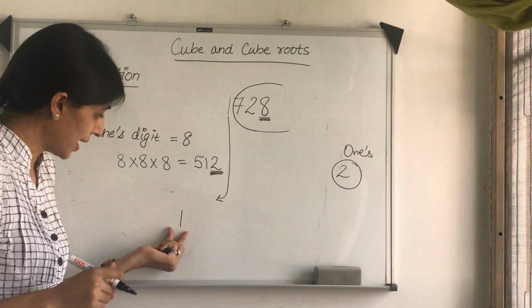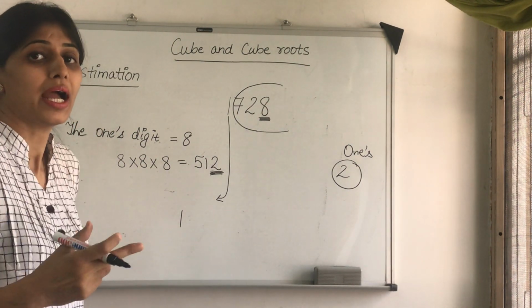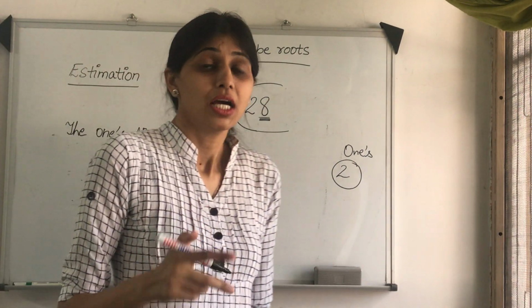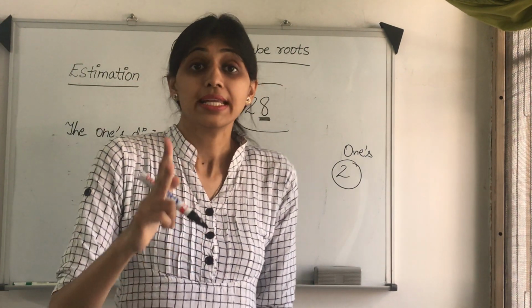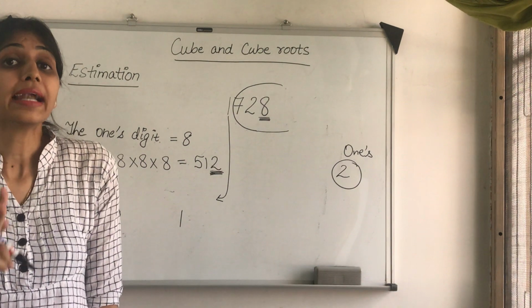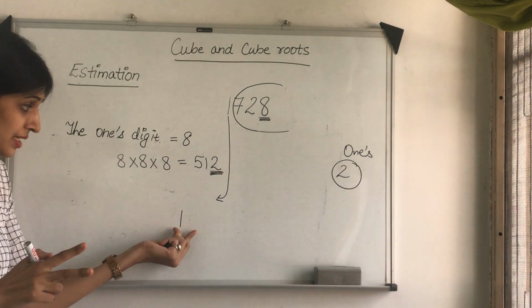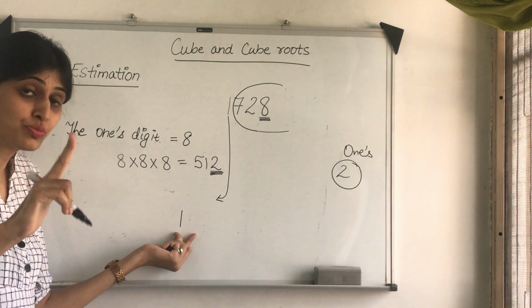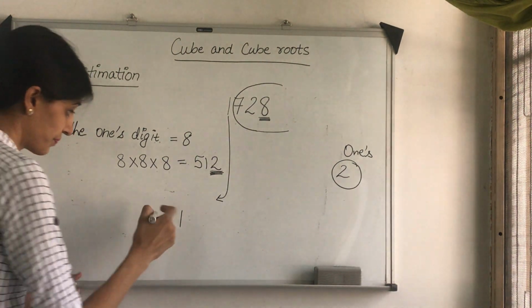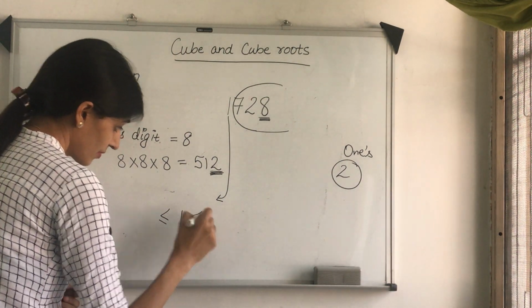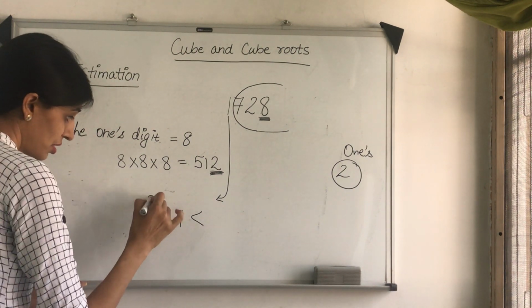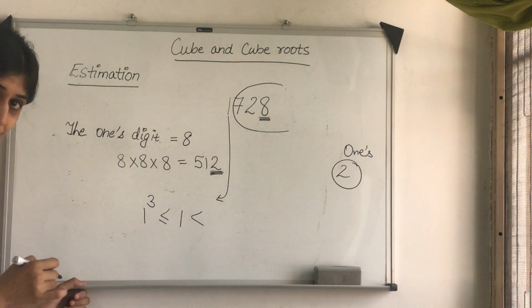After keeping 1 over here, you have to find 2 numbers in such a way that this number lies between the cubes of those two numbers. You know 1 cube is 1.